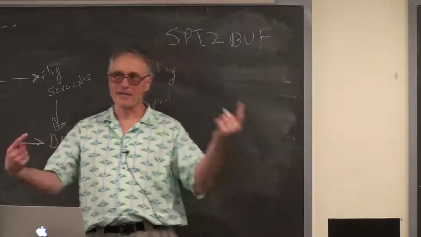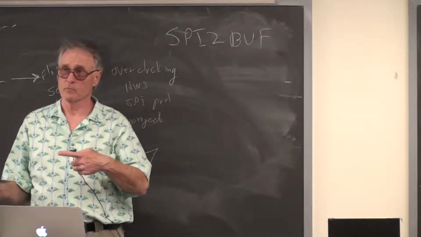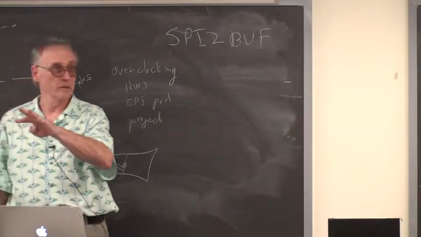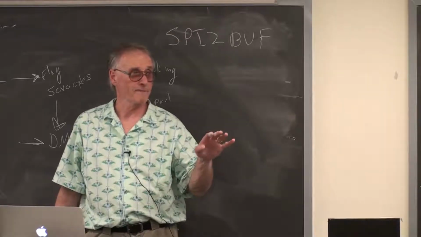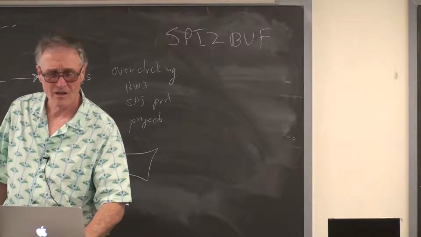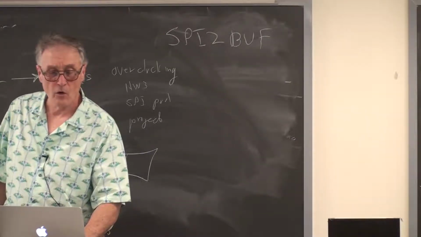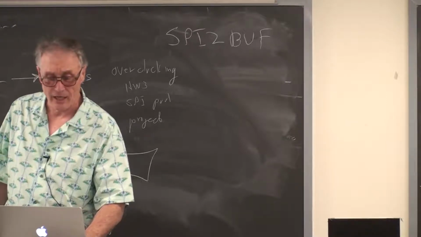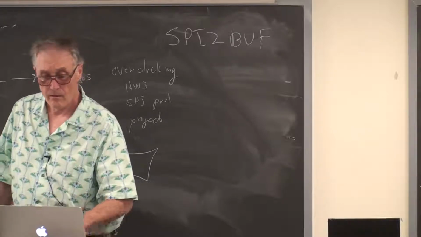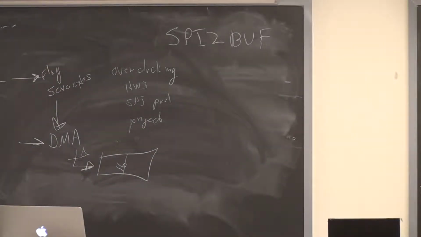Then there's the framed SPI side of things, where you have to set up the framed SPI channel. Again, any questions on this? For the framed SPI channel, you're going to open SPI channel 2.